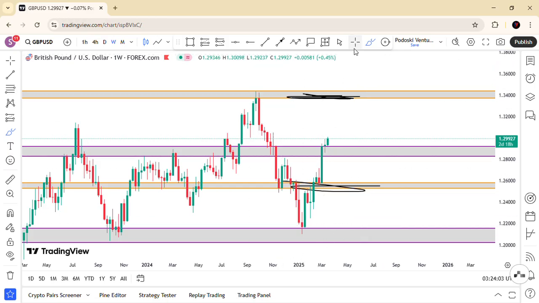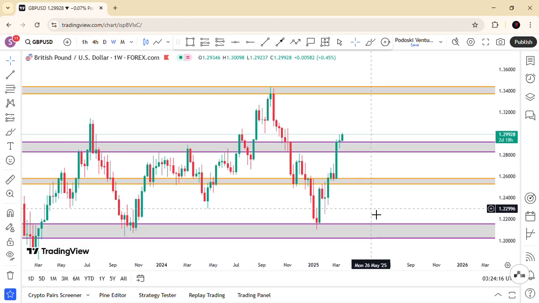And on the weekly time frame, I'm seeing the same pattern I saw on the monthly. Price is still in an uptrend, breaking lower highs and lower lows.